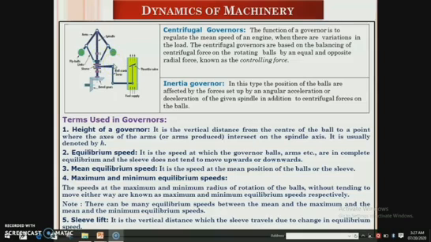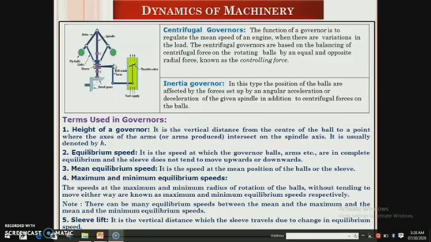Thus, whereas the balls are operated by the actual change of engine speed in the case of centrifugal governors, it is by the rate of change of speed in the case of inertia governors. Therefore, the response of inertia governors is faster than that of centrifugal types.